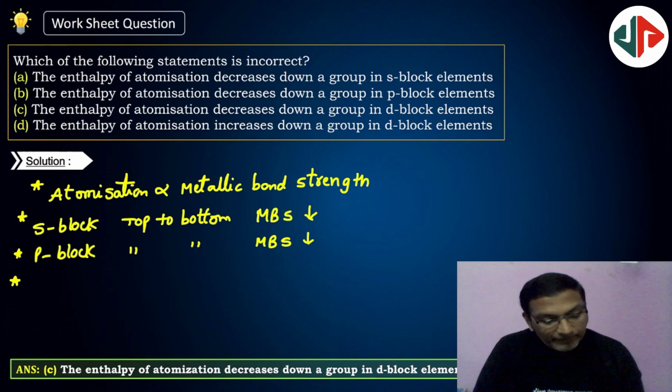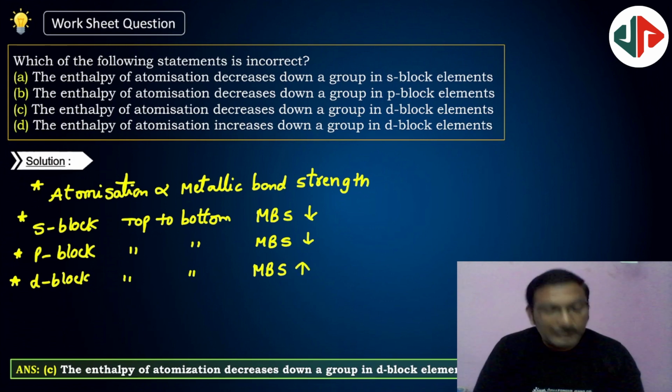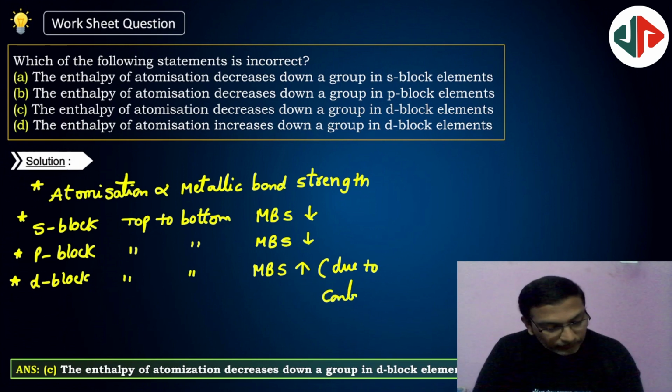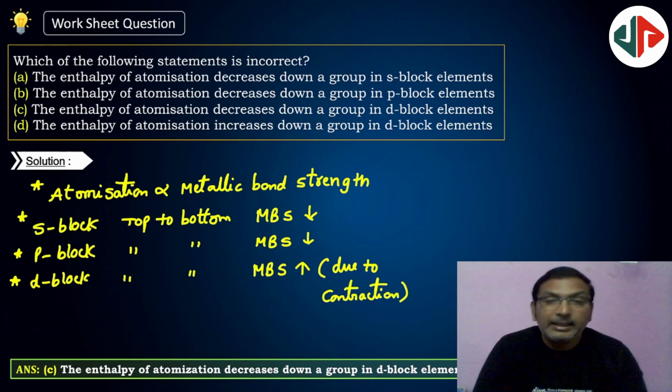Next for d block elements, top to bottom metallic bond strength increases due to lanthanoid contraction. Say clearly.